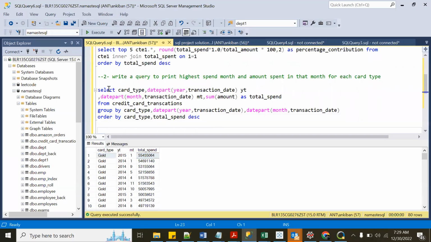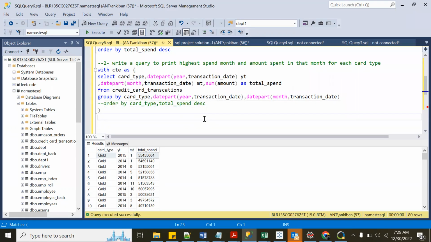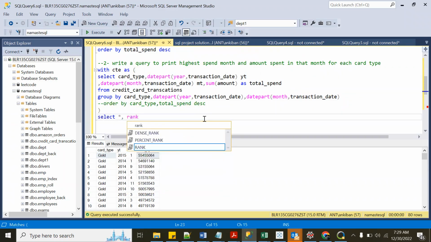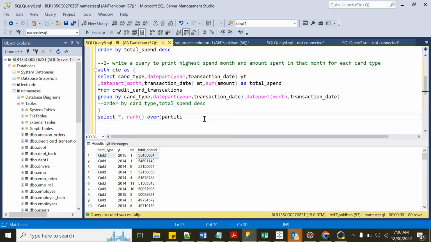Let me put it this way, with CTE. Let me comment the order by, it is not required. I will say select star, comma, rank over partition by.